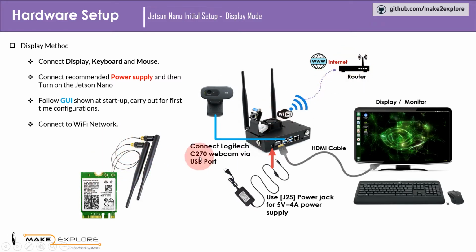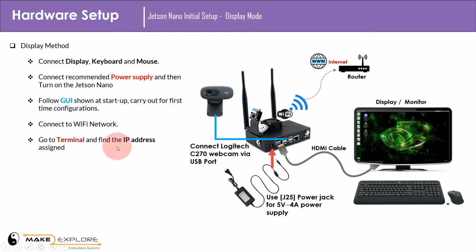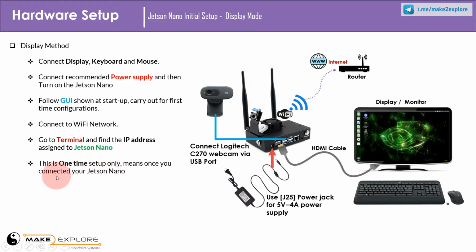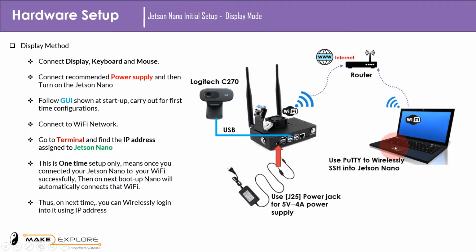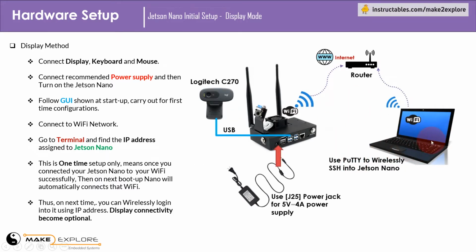So, once you set up Jetson with Wi-Fi, you can execute the ifconfig command in the terminal to get the IP address of Nano. This is a one-time setup only, meaning once you get your IP, then next time there is no need to connect the monitor, keyboard, and mouse. Instead, you can wirelessly log into your Jetson Nano using its IP address from your laptop. So, this was the standard method of setting up Jetson Nano by using a display monitor.